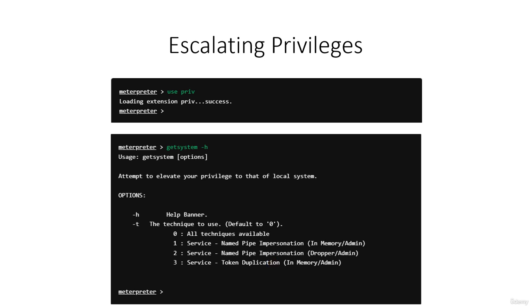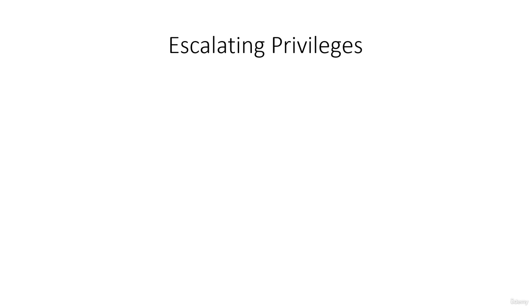We'll let Meterpreter do the heavy lifting for us by running getsystem without any options. The script will attempt every method that is available to it, and it will stop when it succeeds. Within a blink of an eye, our session is running with system privilege.